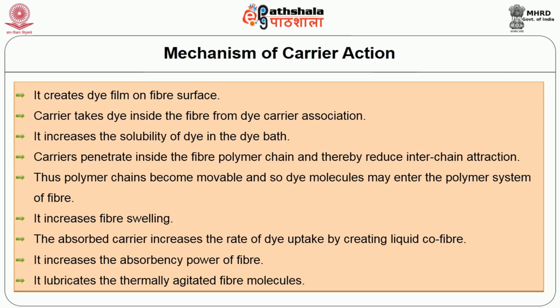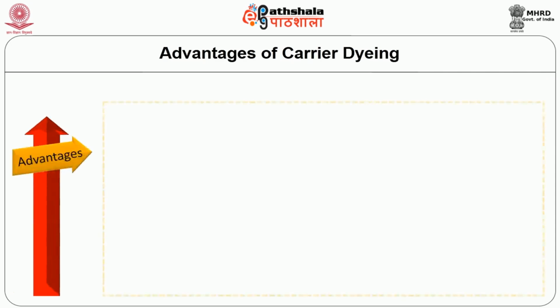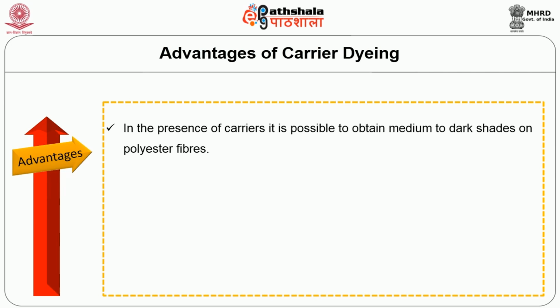Thus, polymer chains become movable, and so dye molecules may enter the polymer system of the fiber. It increases fiber swelling. The absorbed carrier increases the rate of dye uptake by creating a liquid core fiber. It increases the absorbency power of the fiber. It lubricates the thermally agitated fiber molecules.